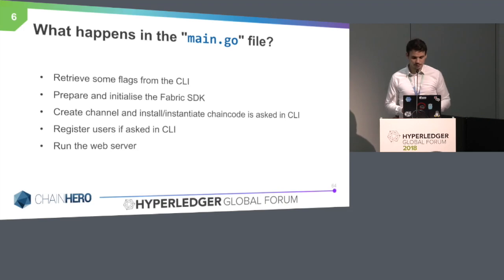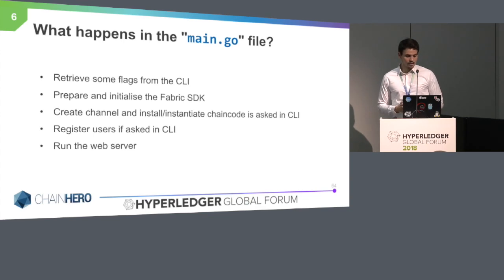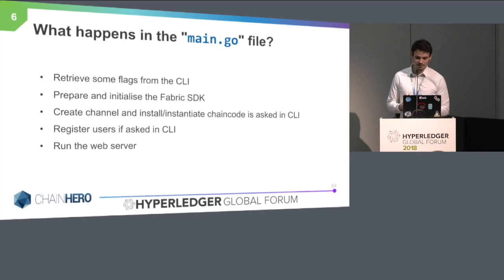So, what happens in the main.go? The first step is to retrieve some flags from the CLI in order to know if the application needs to create the channel or to install the chain code. Then we prepare and initialize the Fabric SDK. We will run a new instance of the SDK.